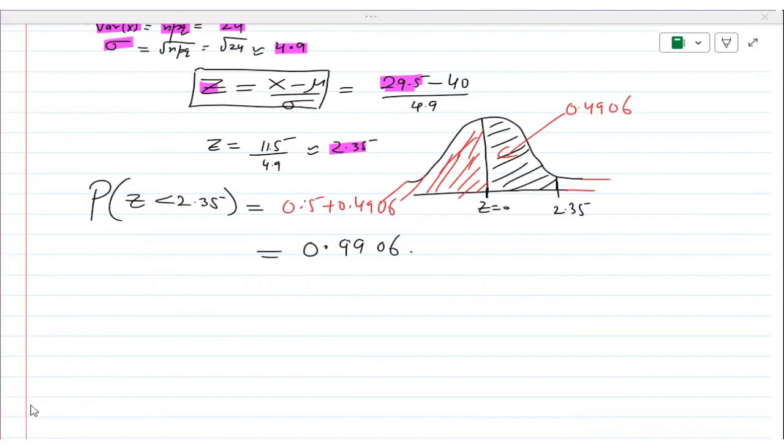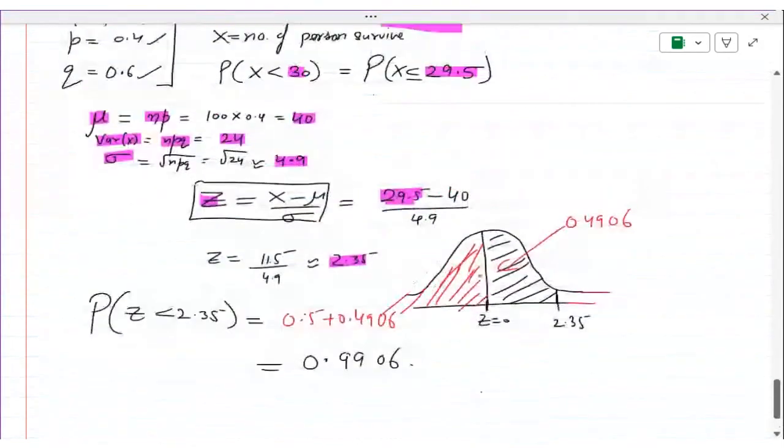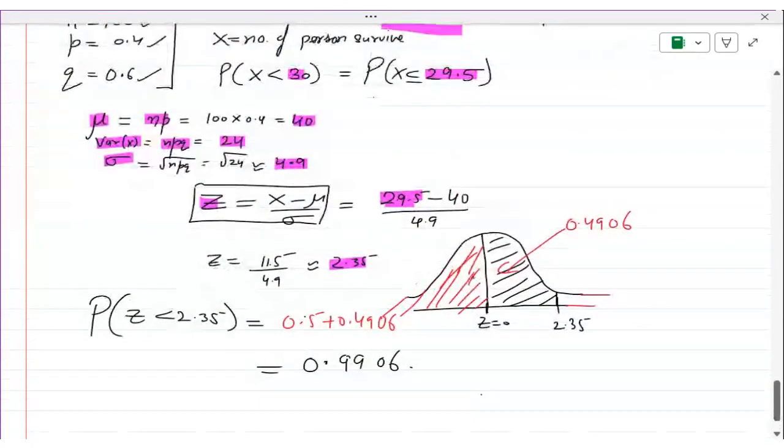Roshan is saying 10.5 instead of 11.5. What is your doubt? 10.5. Okay, I have done something wrong. 29.5 minus 40 is 10.5, but no other student is pointing out this mistake.